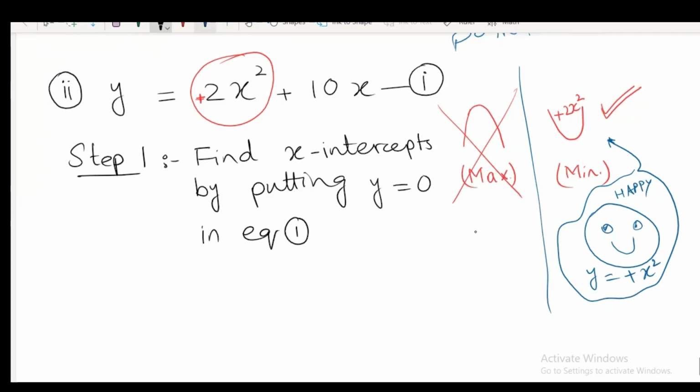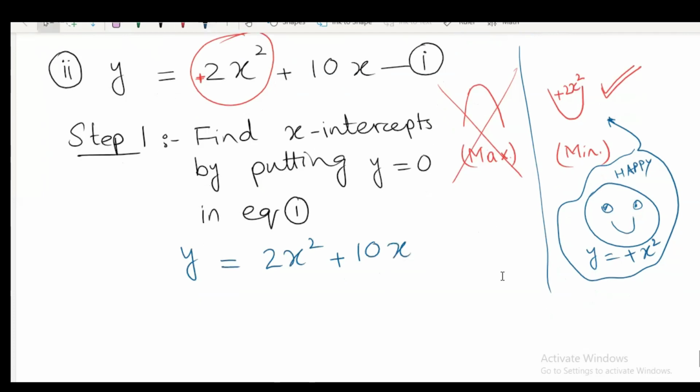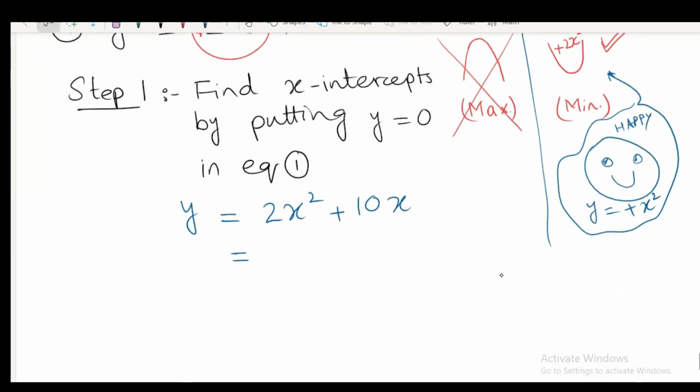So copy this equation, which is y equals 2x squared plus 10x, and replace y with 0.